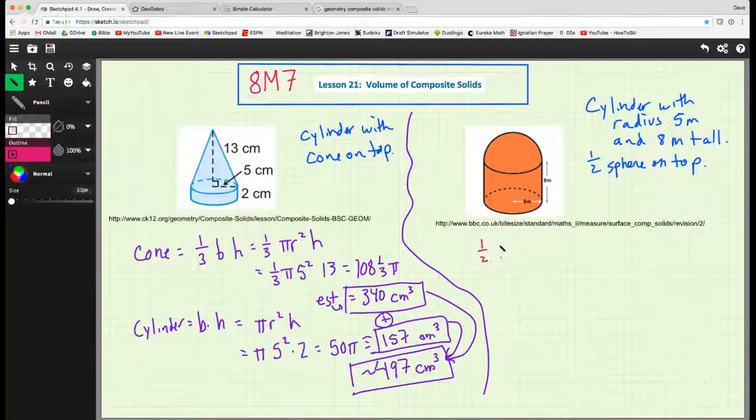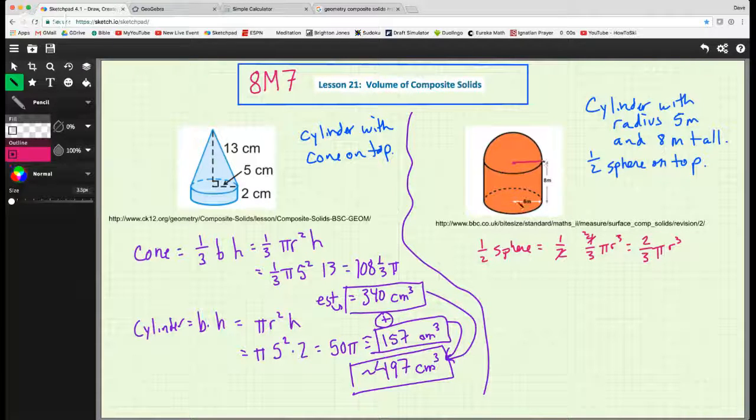A half sphere is equal to a half of 4/3 pi r cubed. Well, if I take a half of 4/3, I can cross cancel the 2 and I get 2/3 pi r cubed. Now my r is what?